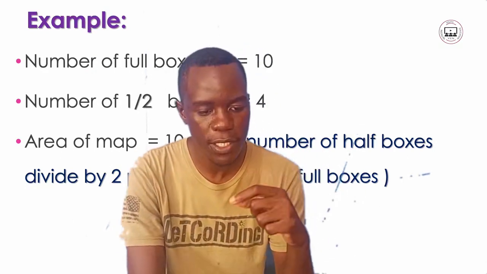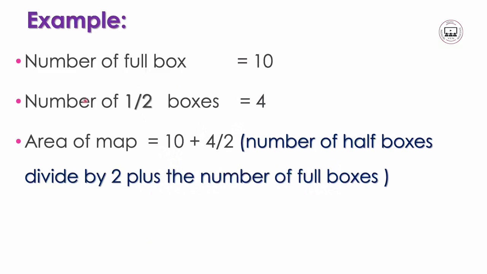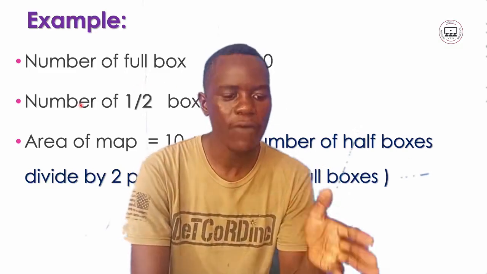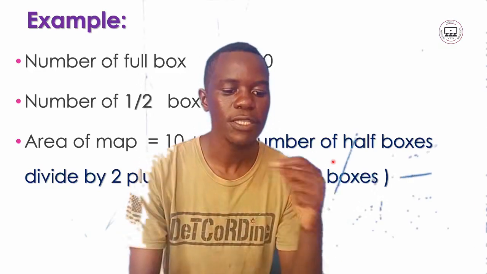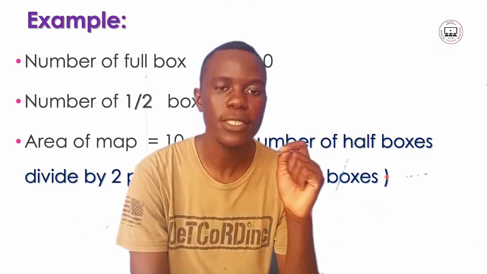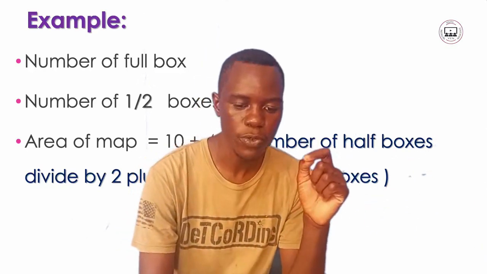For example, you can say we have 10, and then also count the number of half boxes. In this case, we can say the number of half boxes is 4. To find the total area of that map, the area is equal to 10 plus 4 divided by 2. That is, the number of half boxes divided by 2, plus the number of full boxes.